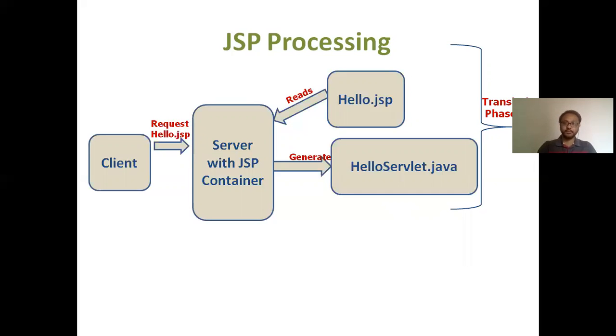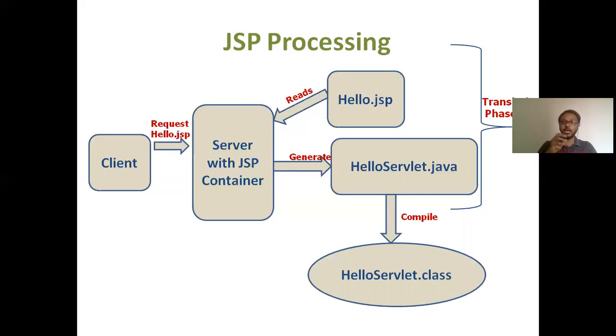Once this translation phase is done, the servlet.java file is automatically compiled to generate a hello servlet.class file. So generating the .java file and compiling your Java file to get the .class file, this process will be automatically done by your JSP container.